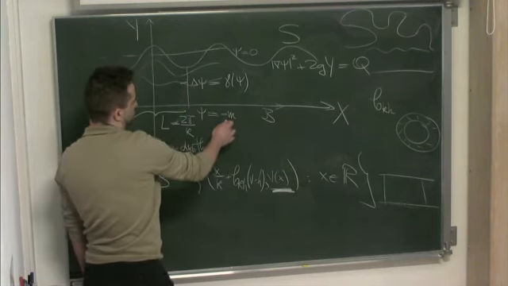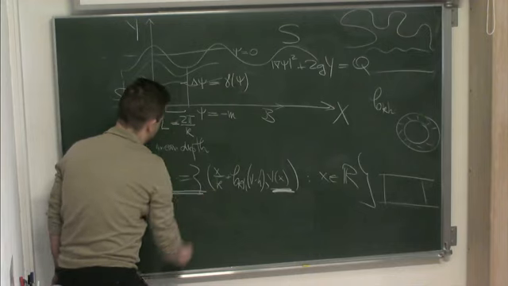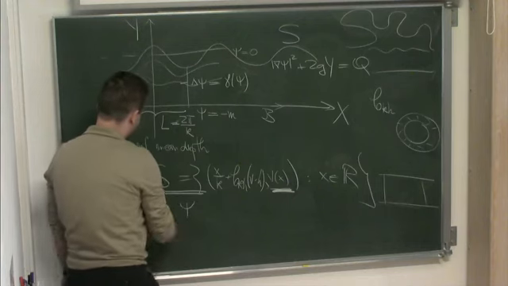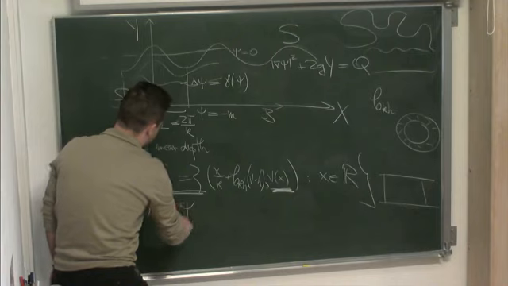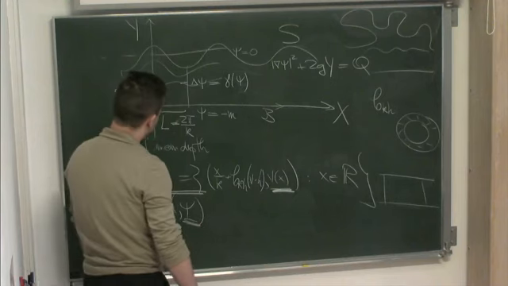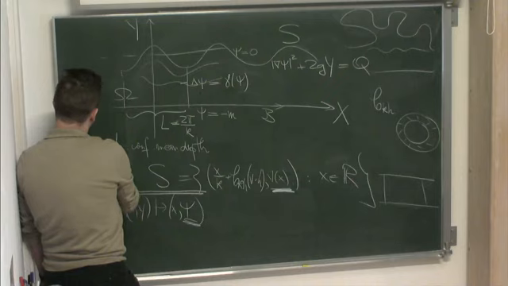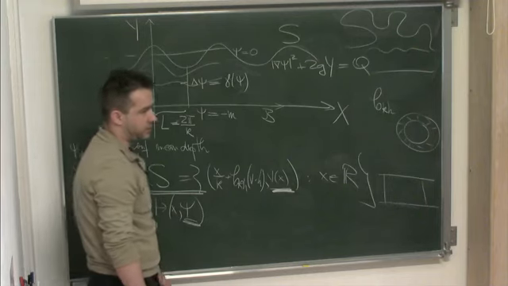Because psi is constant on top and bottom, it can be used as a coordinate while we keep the first coordinate as x. So (x, y) goes to (x, psi). But this is valid only if psi is monotone, so psi_y is either always greater than 0 or always smaller than 0.